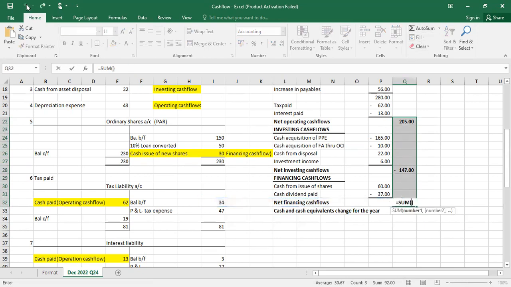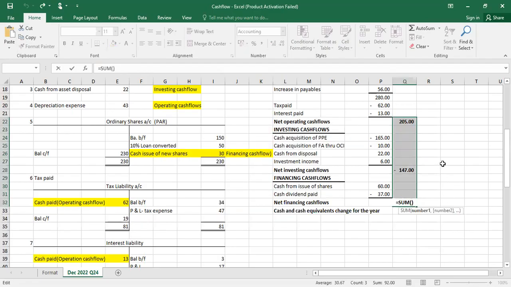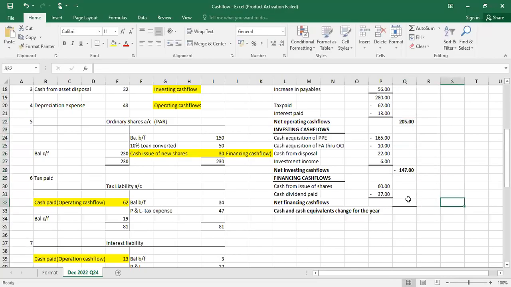So I end up with a total of 205 plus minus 147 plus 23.